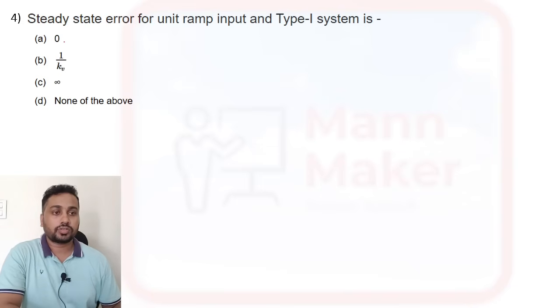Now the next question is: steady state error for unit ramp input and a type 1 system is what? Here they are asking about steady state error.